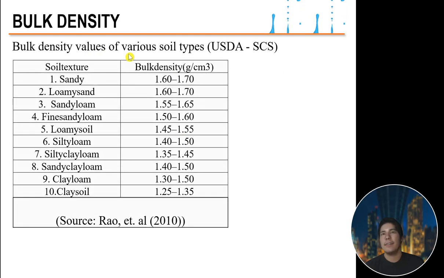So, yung mga bulk density values of various soil types in accordance with USDA SCS. Ito yung mga soil texture natin and ito yung mga equivalent na bulk density in gram per cc. As much as possible, andito lang, no? Sa fine sandy loam, loamy soil, silty loam, silty clay loam, sandy clay loam, and clay soil, as much as possible less than 1.6, no?